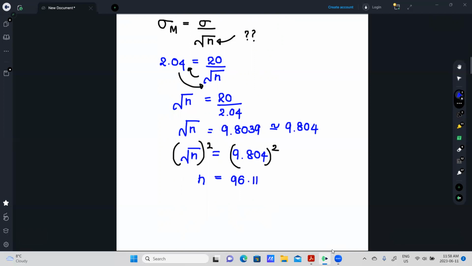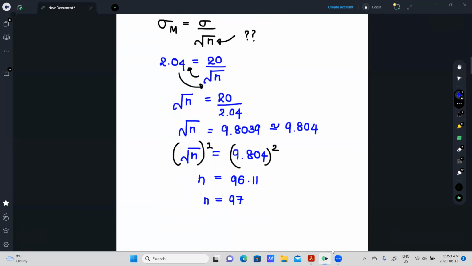In this type of question, even though the decimal part is small, since we are asking about the sample size, you have to round up to the next whole number. So n is equal to 97.